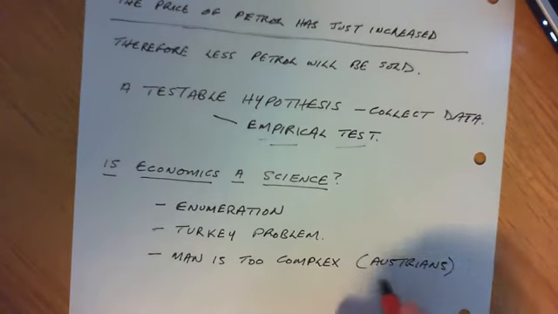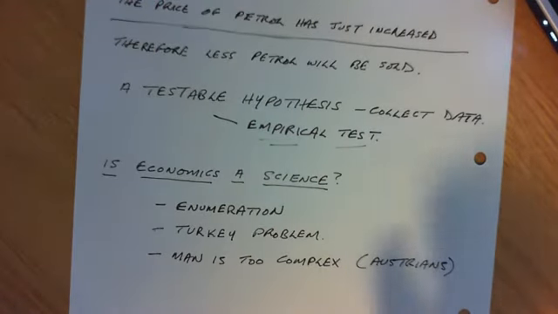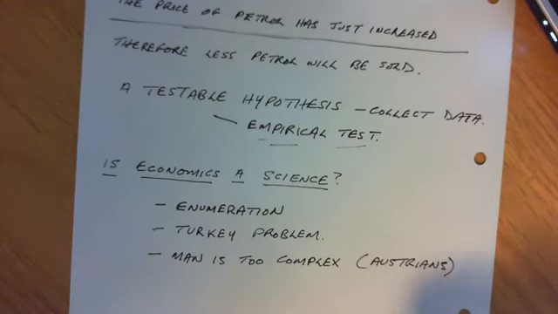But the people who propound the views of the Austrians, this tradition of economics, which is labelled Austrian, nothing to do with the country, as I said, they say, well, man is too complex. There are too many issues associated with being a human. We're emotional. We make snap decisions. We make mistakes.